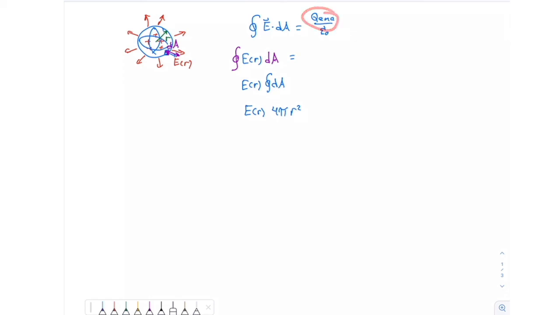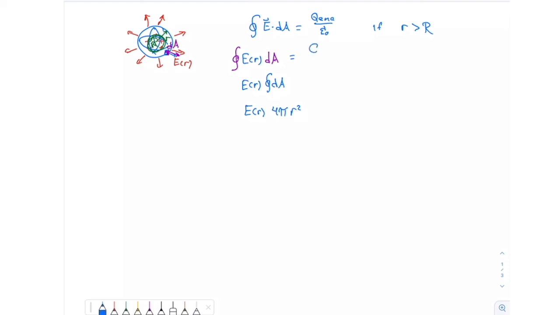So the right side here, I have to work out. If r is greater than big R, the size of my spherical distribution, then my surface encloses all of the charge.